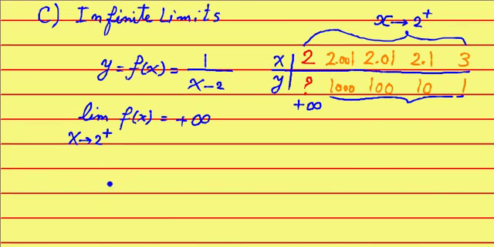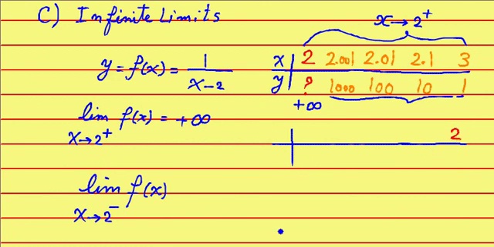What if I had come from the other side? What if I had asked you the question of finding the limit of f of x as x comes close to 2 from below? You again make a table just like this one. I might as well push my number to the right, so I write my answer here.